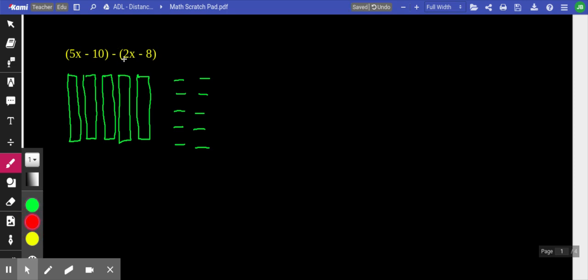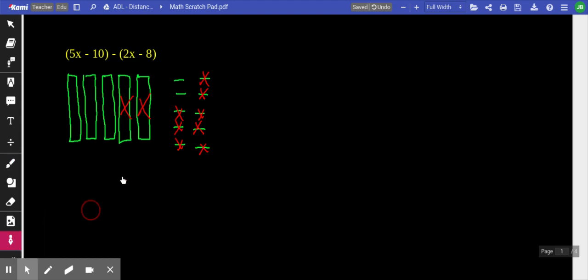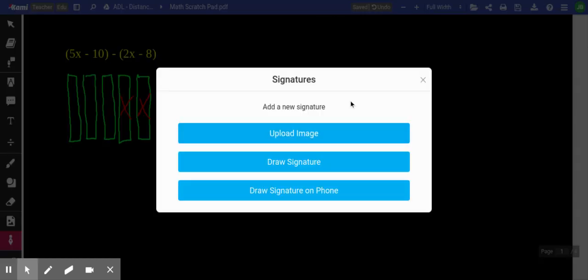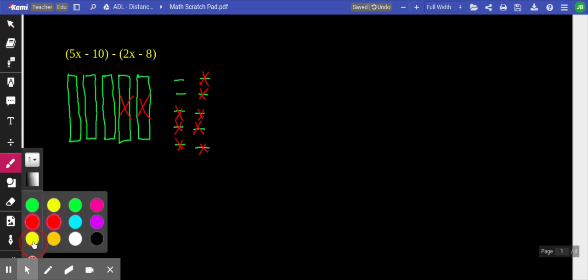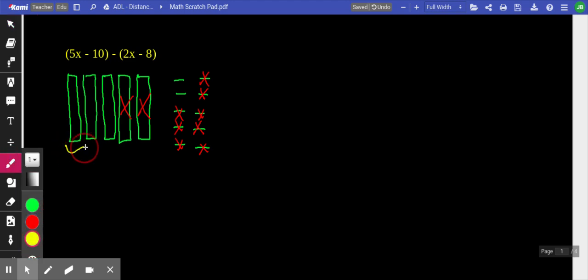And what this is saying is to take away 2 x's. 1, 2 are gone. Take away 8 negatives. 1, 2, 3, 4, 5, 6, 7, 8. And we're left with 3 x's and 2 negatives.